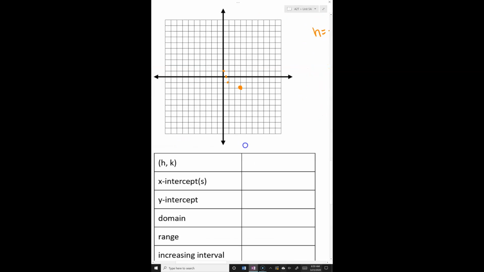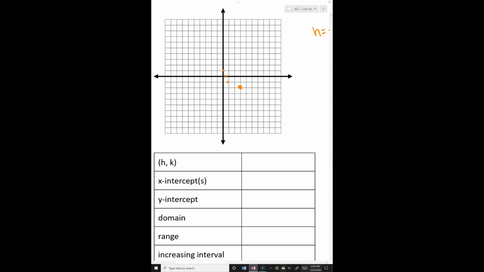And negative 1/3 and 2. It's a little bit touchy at times. Okay, so let's go ahead and connect our points as curvy as possible.